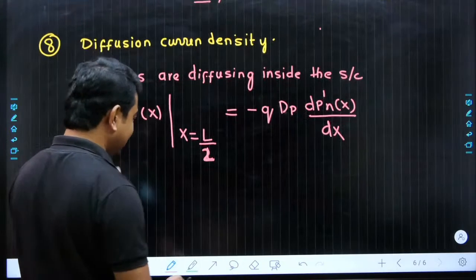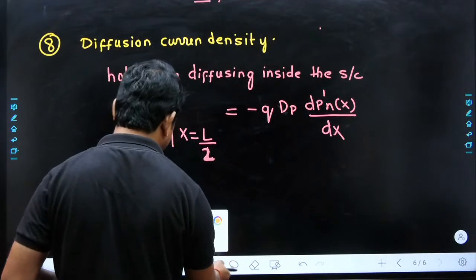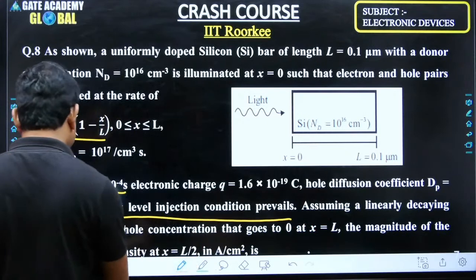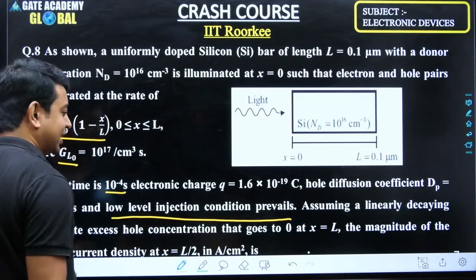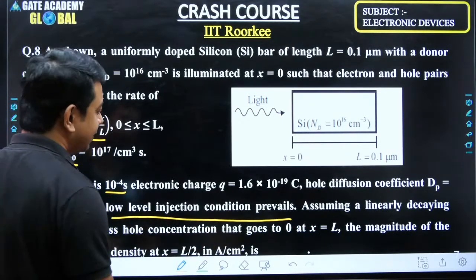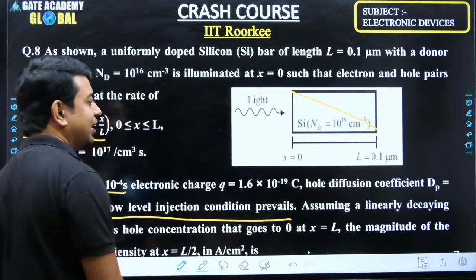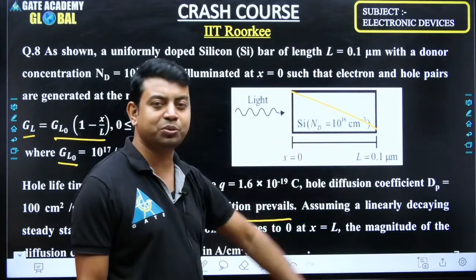It has also been written that the charge carriers are diffusing linearly, assuming a linearly decaying steady state excess hole concentration that goes to 0 at x is equal to L. So the charge carriers are linearly decaying, and it goes to 0 at x is equal to L.